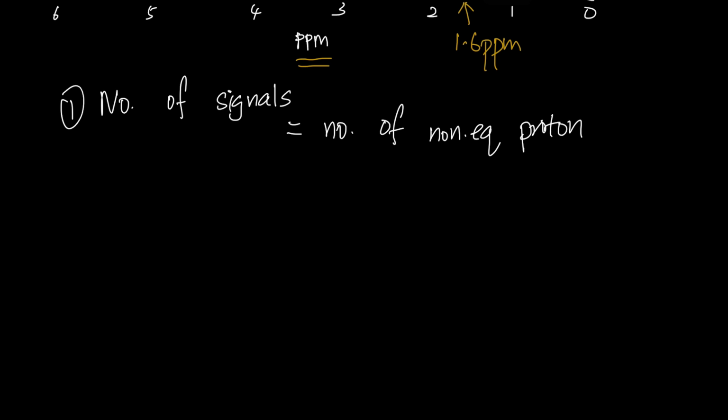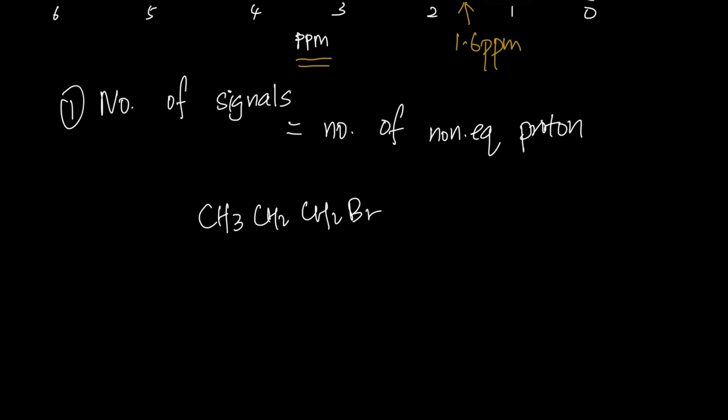Let's look at this example, this structure, CH3, CH2, CH2, Br. Remember that now we are focusing on Proton NMR.